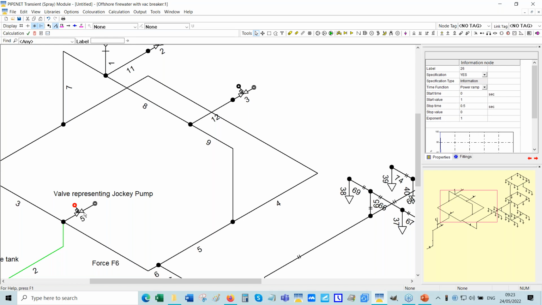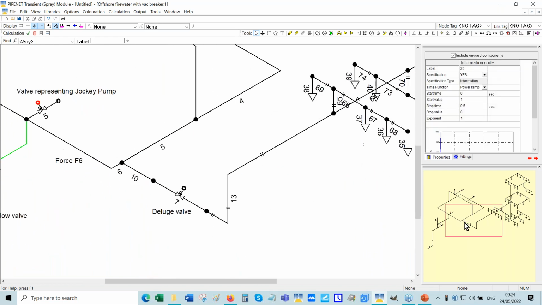And you must put this valve in and close it. Don't just keep the valve open, because then when the fire pump starts, it'll push the water back here. Alternatively, of course, you could input the jockey pump explicitly here with a check valve, and that is an alternative you can consider.